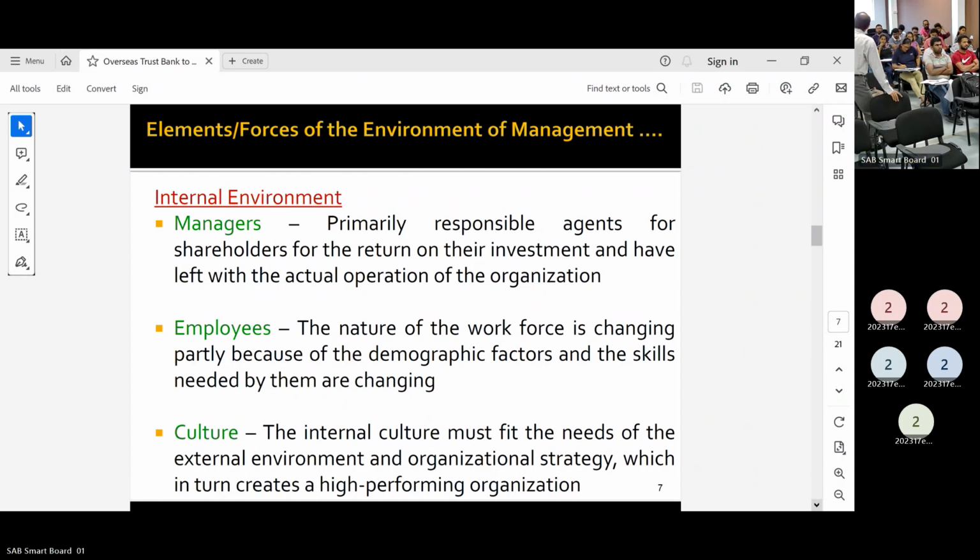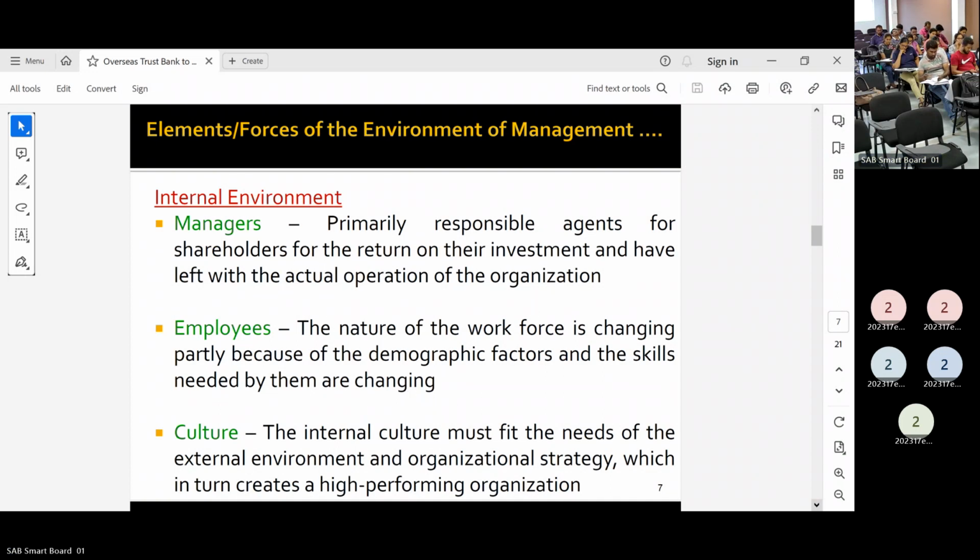Then the strongest role is with the culture. Managerial decisions also should be made to match, to fit with the culture. Employees also should perform to fit with the culture of the organization. That's how important corporate culture is, huh?